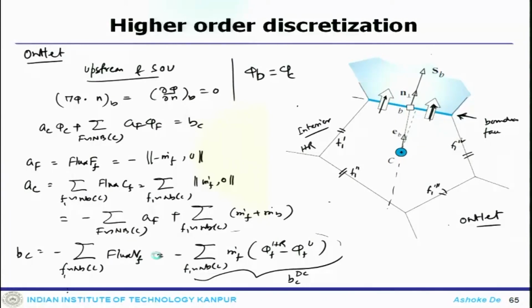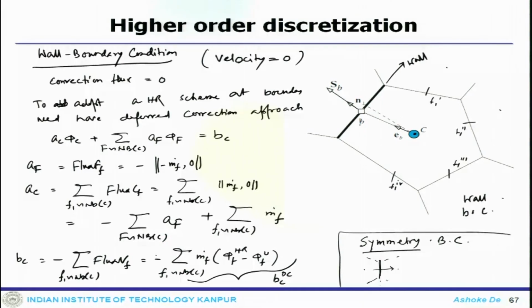And the third one, the wall boundary, where the no slip boundary condition is satisfied, meaning the convection flux is 0, also has these deferred corrections. So you can be consistent in application of the HR scheme at the interior node and the boundary node, and that concludes the discussion on the HR scheme.